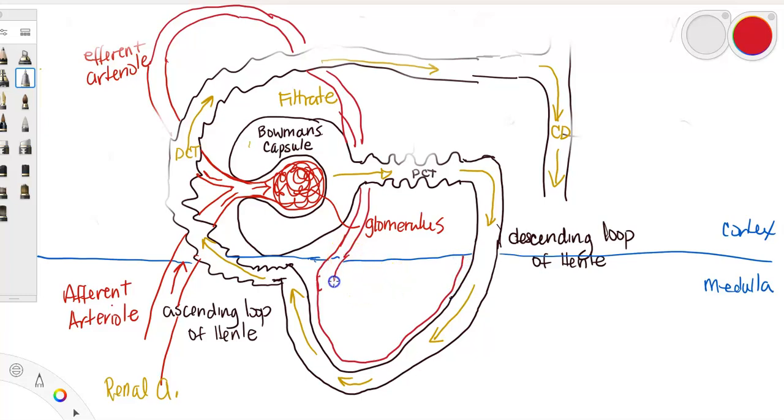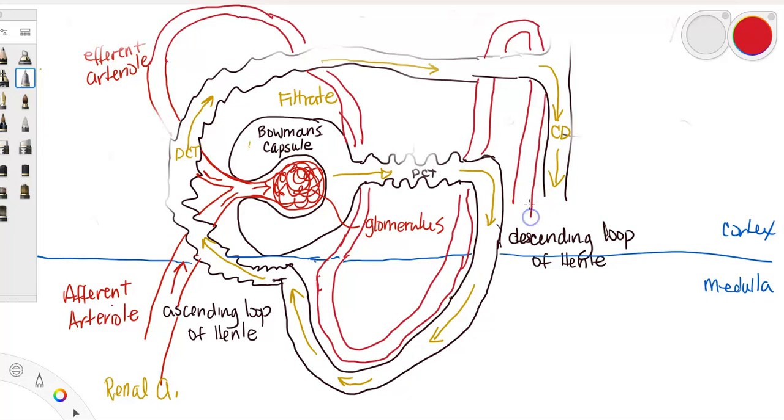So they come up here, down here, and around, and back up, and up, and then back down, traveling with the collecting duct there, and then it will go out the renal vein. So the blood travels this way.